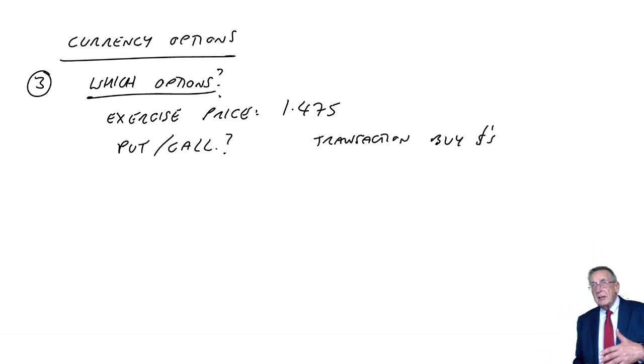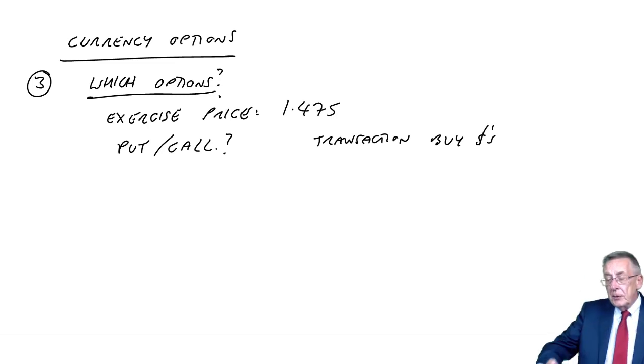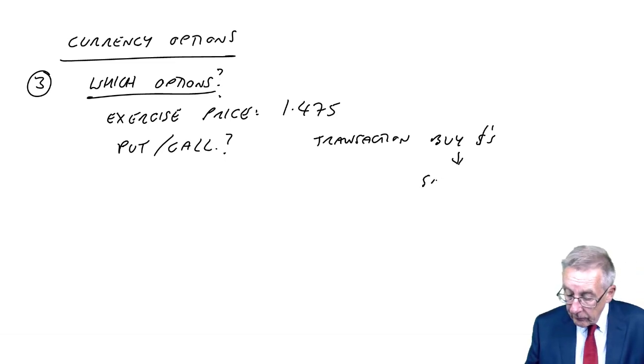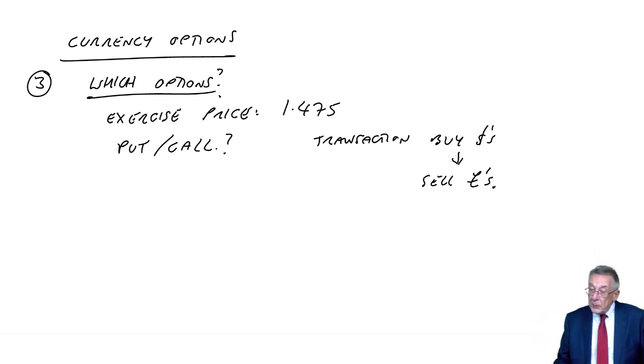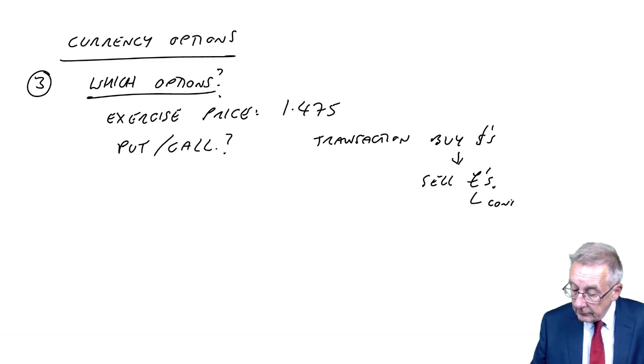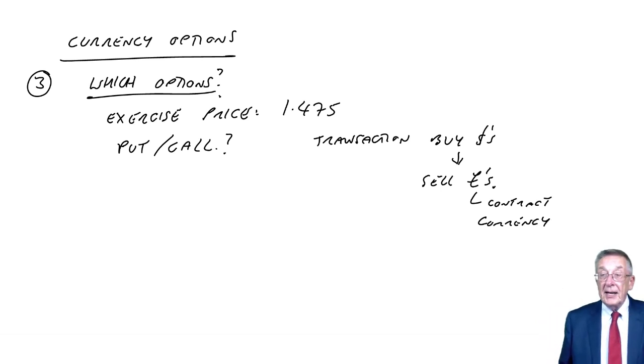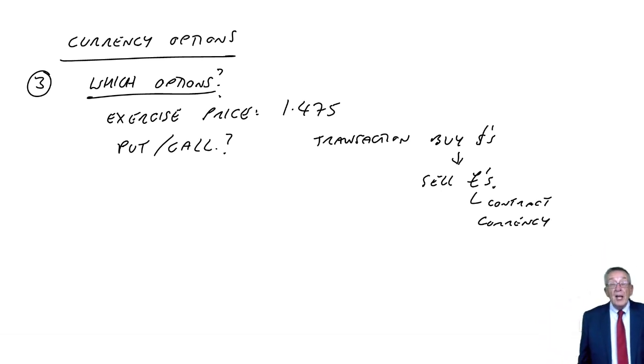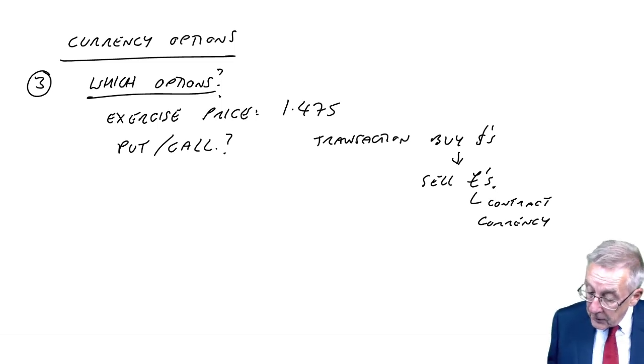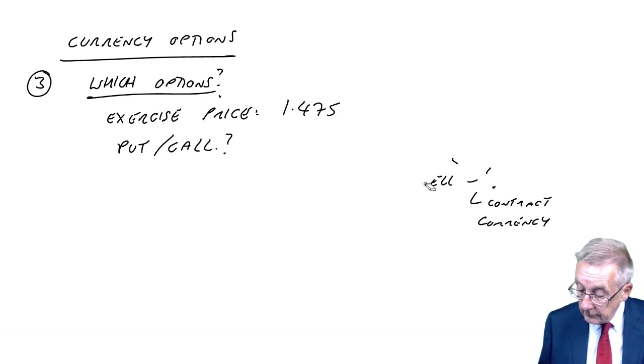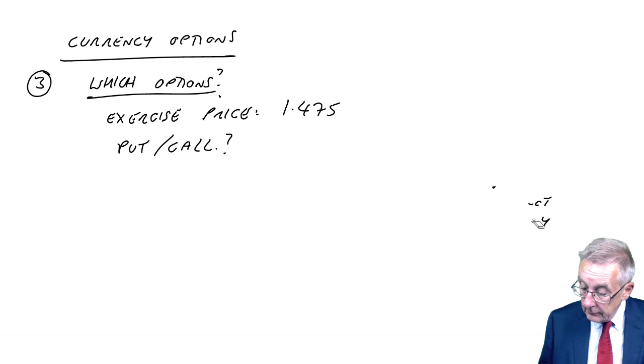How will we buy dollars? We'll buy dollars from the bank by selling pounds to the bank. Pounds are the contract currency. Contracts are quoted in pounds. Therefore, we want the right to sell pounds at a fixed price. And selling pounds at a fixed price, well, it's a put option. So we want a put option on pounds.